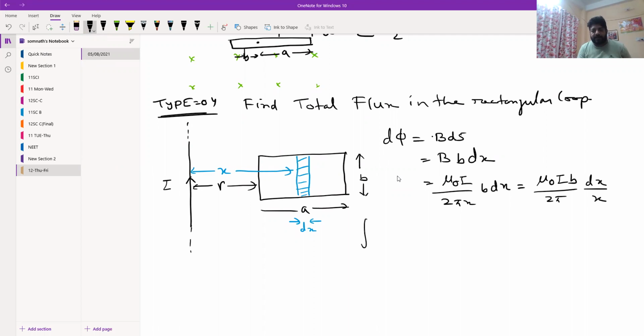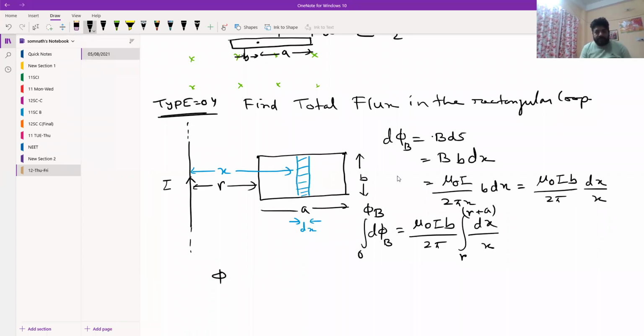So my total flux, taking integration on both sides, is mu naught I B by 2 pi times the integration of dx by x, from R to R plus A. Yes or no?